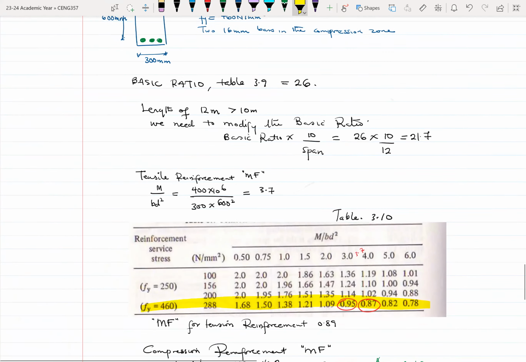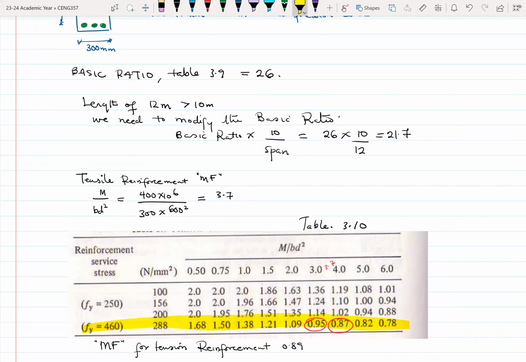To do that, we multiply the basic ratio by the limiting length of 10 divided by the actual span of your beam or slab. That would further reduce your basic ratio to 21.7 instead of the initial 26 from the table. So now our basic ratio is 21.7.